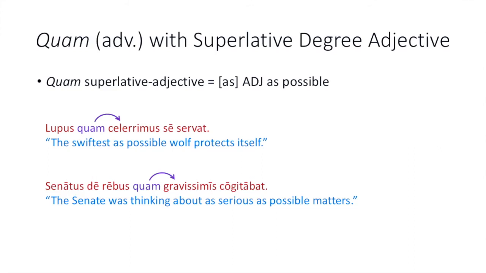The Senate was thinking about as serious as possible matters. That quam gives us the as blank as possible. So here we're again using one word to add multiple ones or add in different things. It just depends on our degree of adjective.